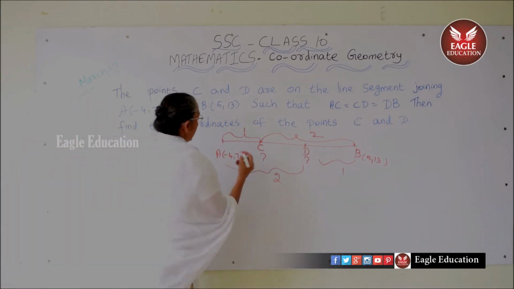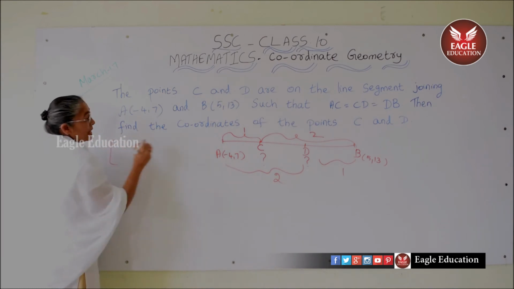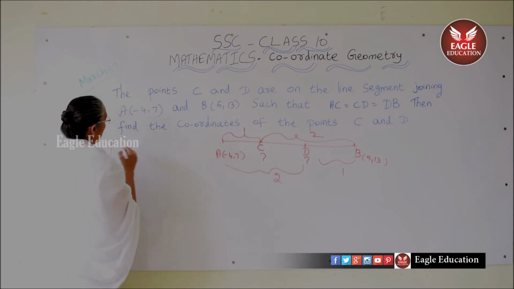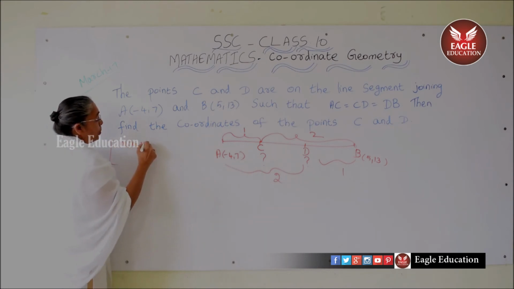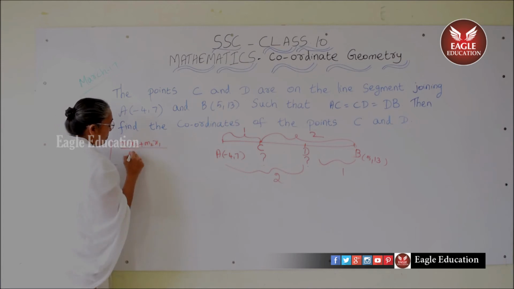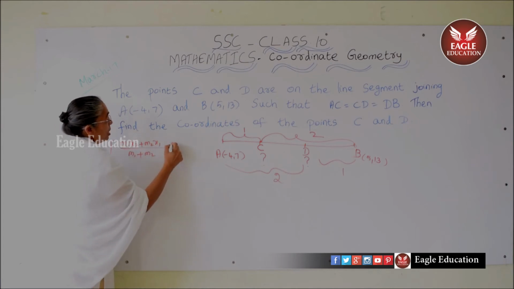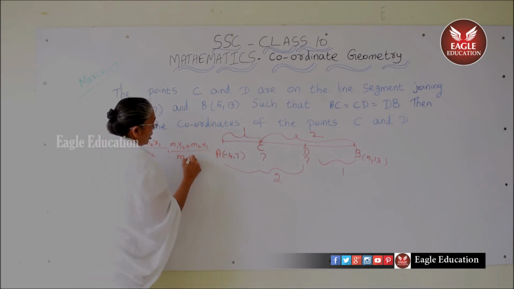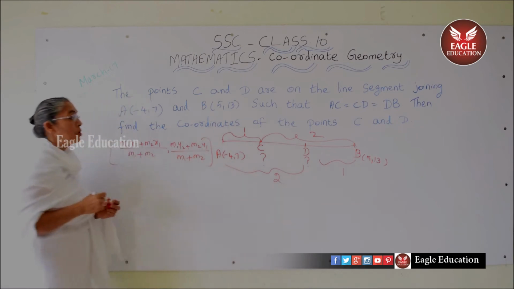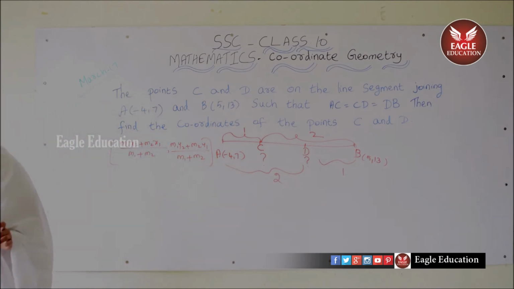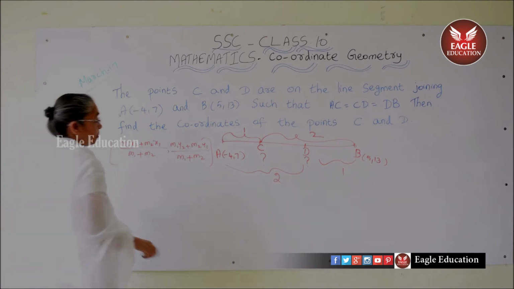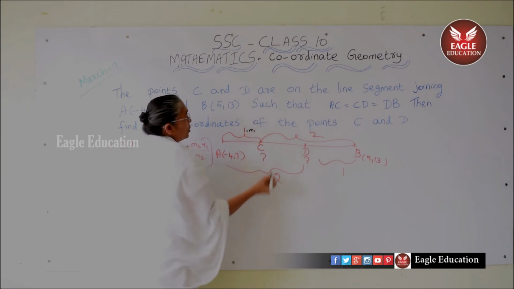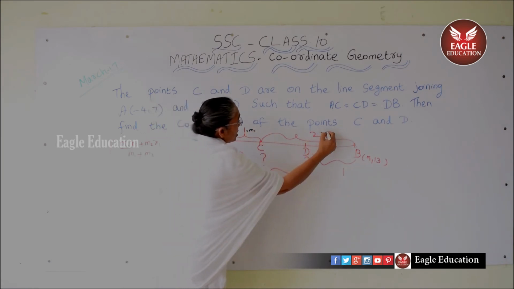The section formula is the same formula: suppose the ratio is m1:m2, and x1, y1 and x2, y2 are the points, then the point is (m1 x2 plus m2 x1) divided by (m1 plus m2) comma (m1 y2 plus m2 y1) divided by (m1 plus m2). So now using this formula let us find the points C and D. For C, our m1 value is 1 and m2 value is 2.